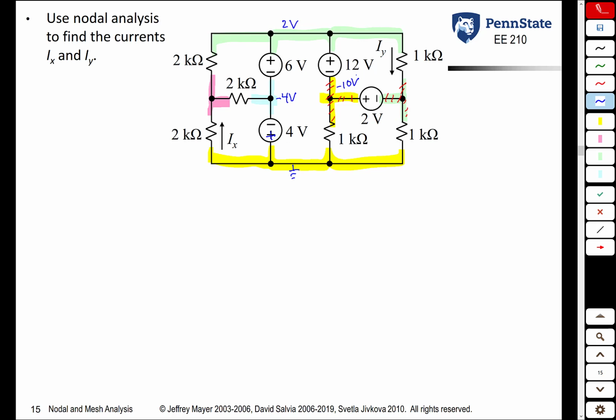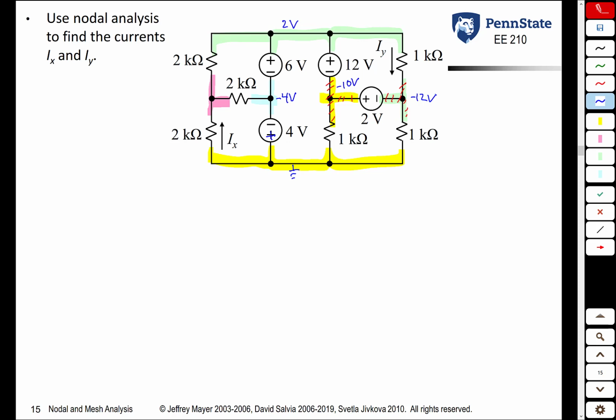So once again, that does not violate our algorithm. And that 2-volt source says that the yellow node with the red slashes is 2 volts higher than the green node with the red slashes. So if the yellow node with the red slashes is at negative 10 volts, the green node with the red slashes is at negative 12 volts.